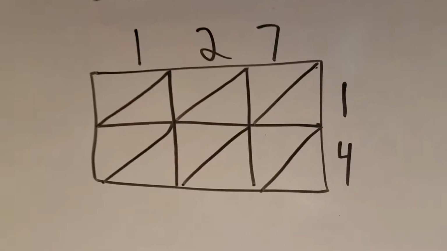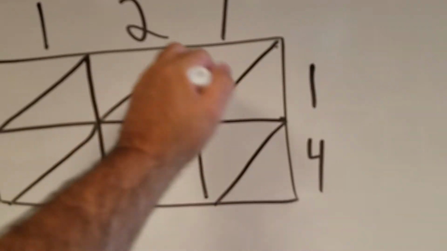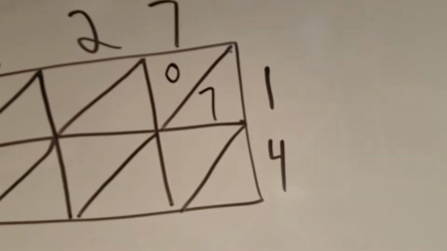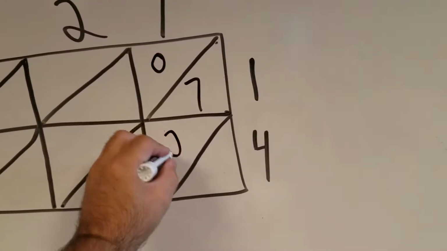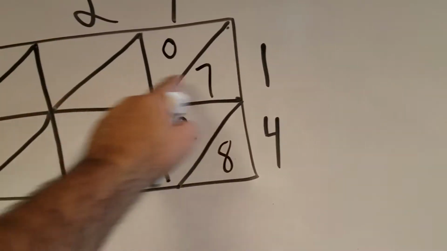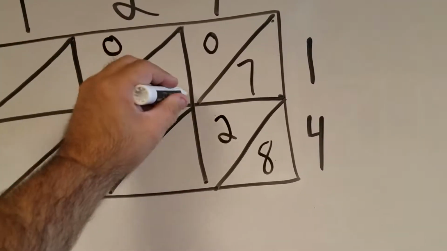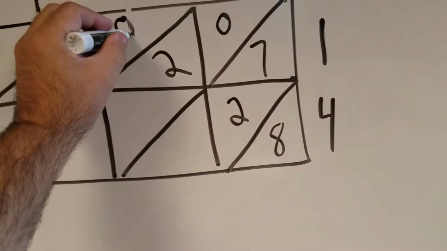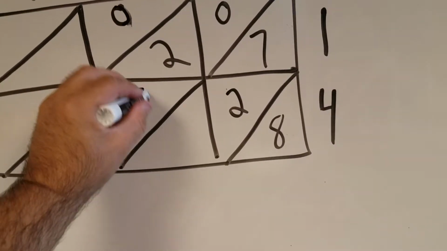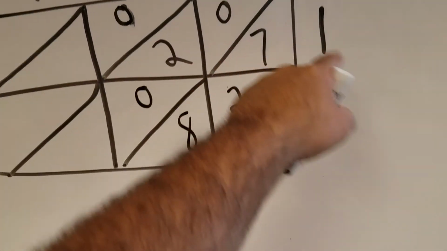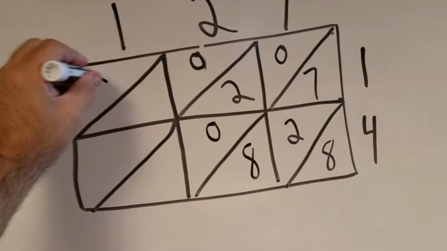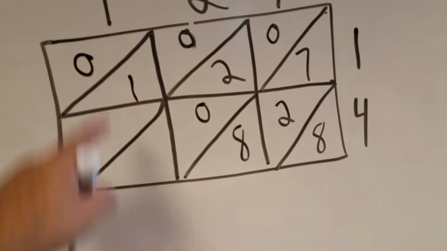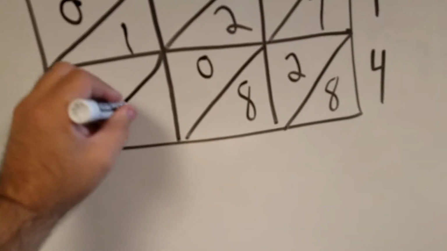Now I just do the simple multiplication. 7 times 1, 7. 7 times 4, 28. 2 times 1, 2. 2 times 4, 8. 1 times 1, that's 1. And finally, 1 times 4 is 4.